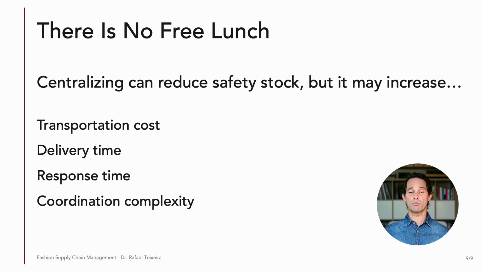Okay, so risk pooling is good, it reduces the total safety stock, the total inventory, but it creates more complexity, and the need to coordinate all this complexity also needs transportation and logistics, a higher emphasis on that, and probably higher transportation cost. But that's what risk pooling can do to companies that are selling fashion and clothing products.